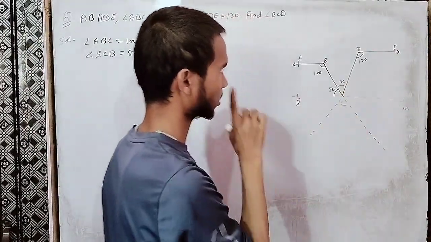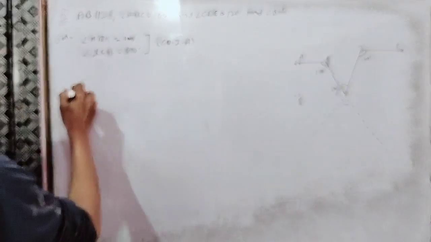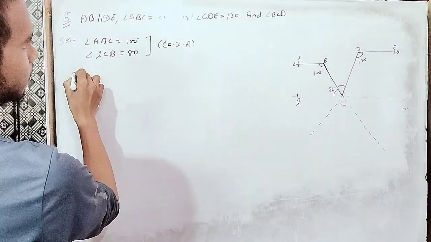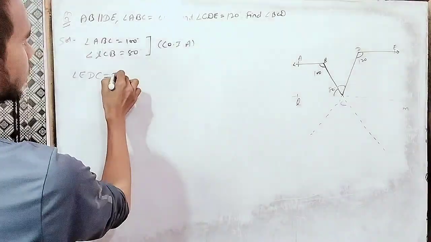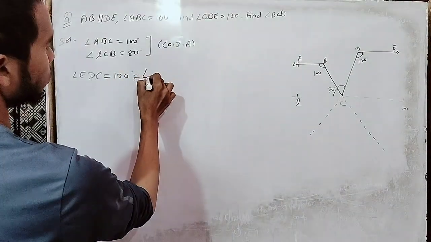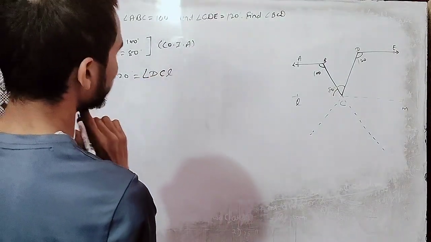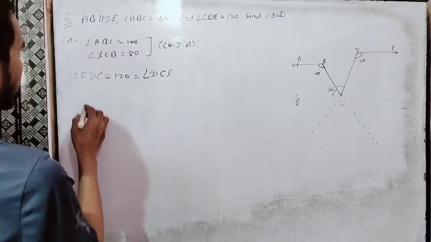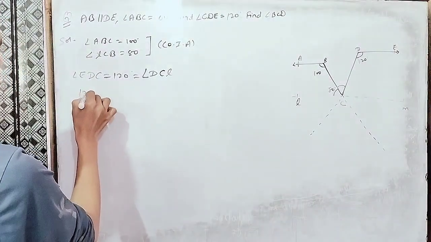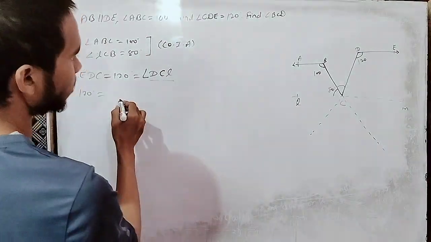Let's say this is X. Otherwise, here ADC is 120. So BCF will be equal to 120.